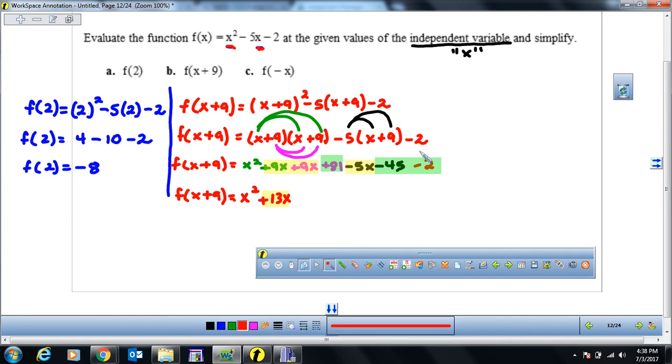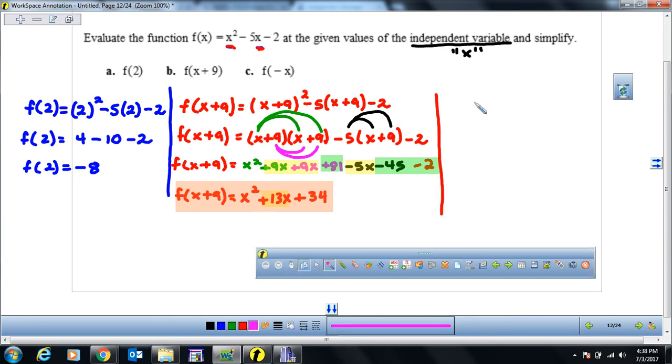So 81 minus 45 is 36, minus 2 is 34. So that would be a plus 34. And this is the solution for this one. What does this mean? That when x is equal to x plus 9, y is equal to x squared plus 13x plus 34. That's the meaning of this expression.